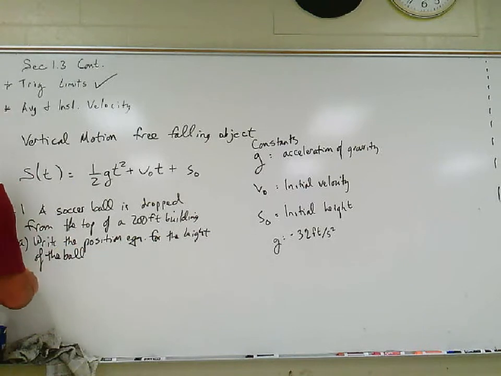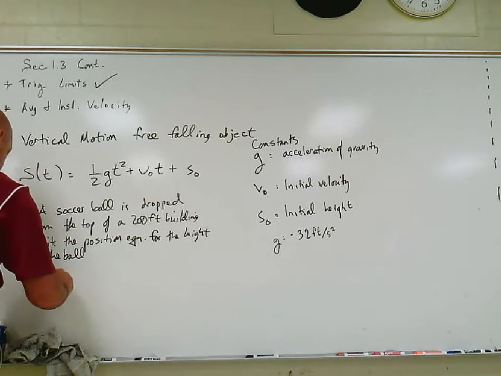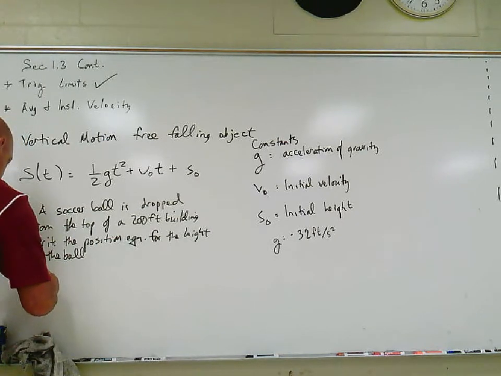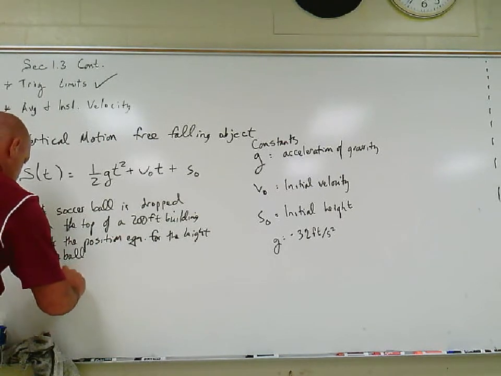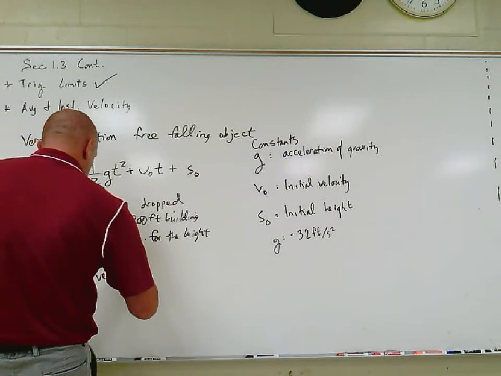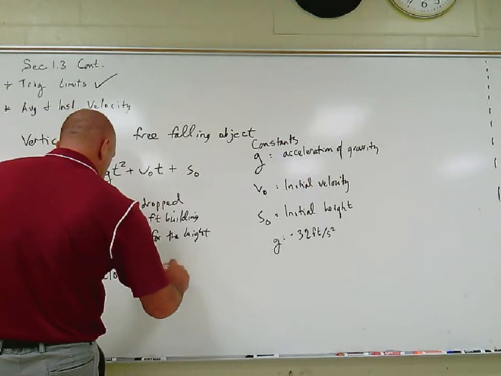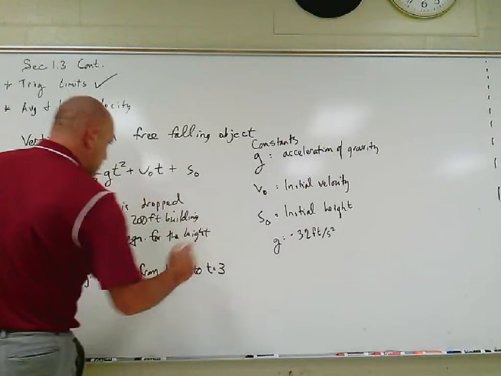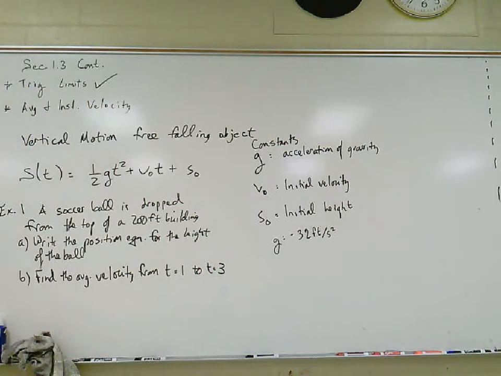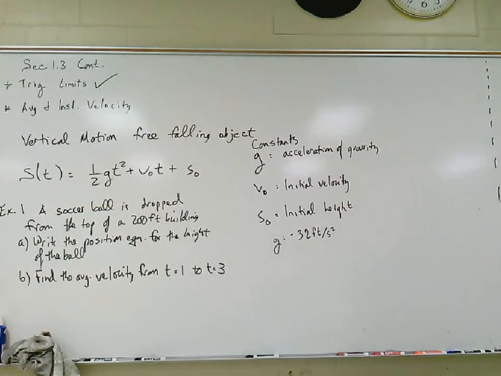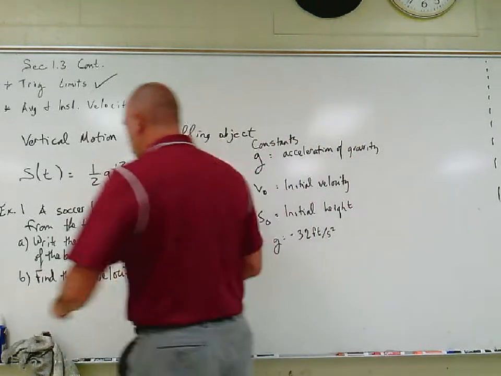Then part B, we're going to find the average velocity from time t equals 1 to t equals 3. On both of those questions, no calculus is required. These are questions that we should be able to handle with algebra.